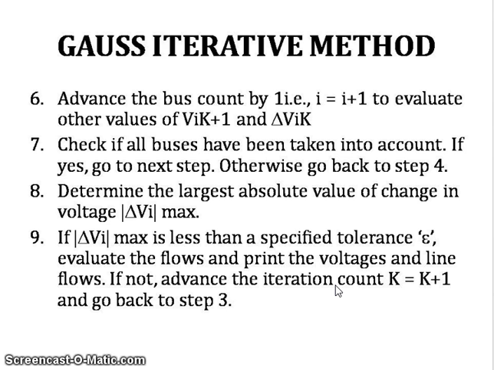So this is the method called the Gauss iterative method. Using this, we will be calculating all the delta V_i for all the buses, that is, buses from 1 to n. Thank you for listening.